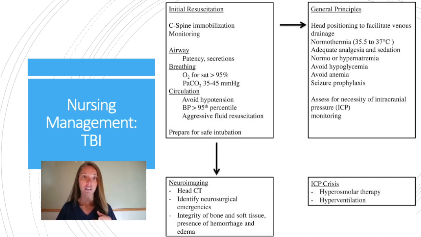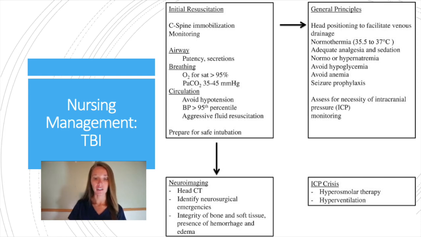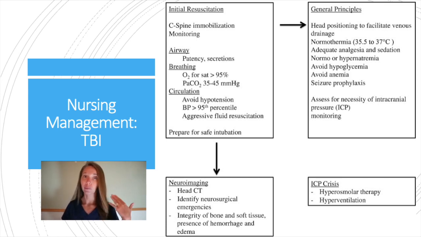And that's going to trigger the assessment, right? Your airway, breathing, circulation, okay? Because if they have a cervical spine injury, chances are they can't control their airway, they can't breathe spontaneously, and they may or may not have adequate circulation, adequate perfusion, both to their brain and the rest of their body.